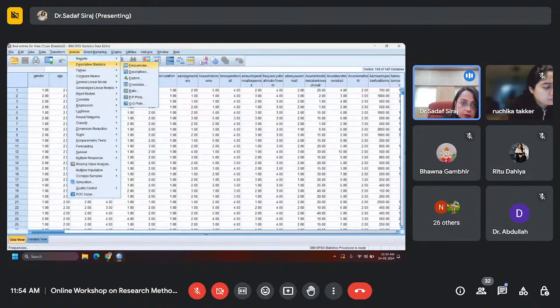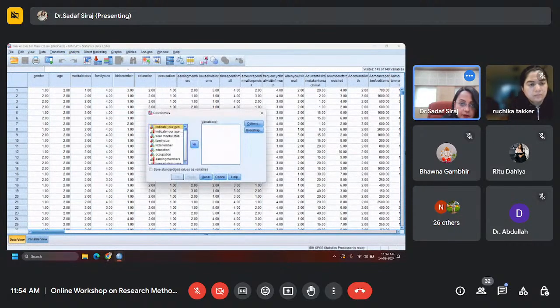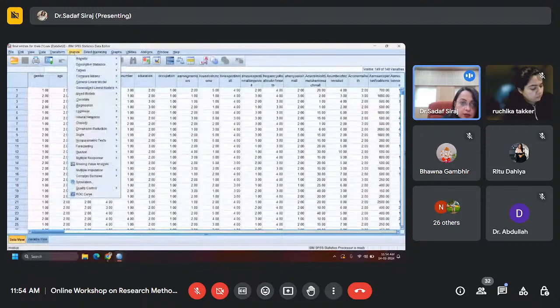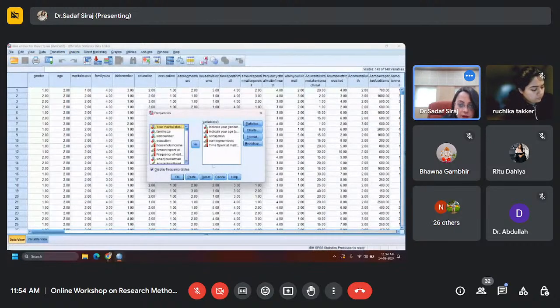So I go to Descriptive. You could have gone to Frequencies also if you desired that. Now we will remove this. The things that you want to remove, just click on it and click on the reverse arrow, it will go back into the system.